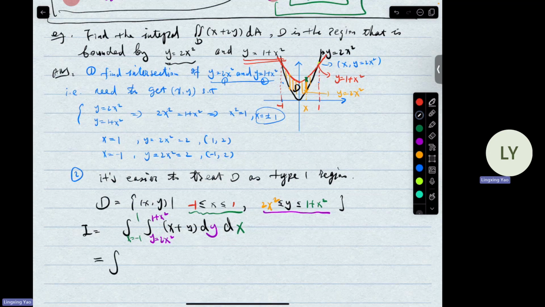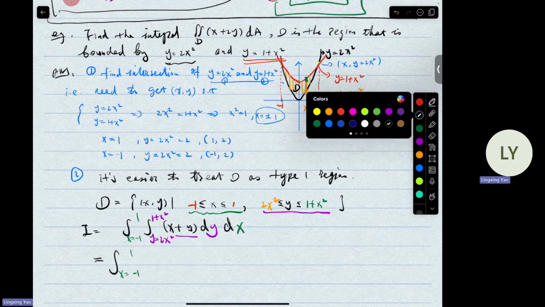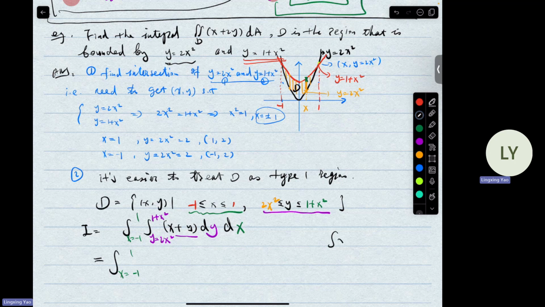Okay, so now let's look at it. X is from -1 to +1, and we have to figure out the antiderivative, right? So the antiderivative for x plus y dy is, well, x is a constant, so this is x times y, and the y antiderivative is y squared over 2.